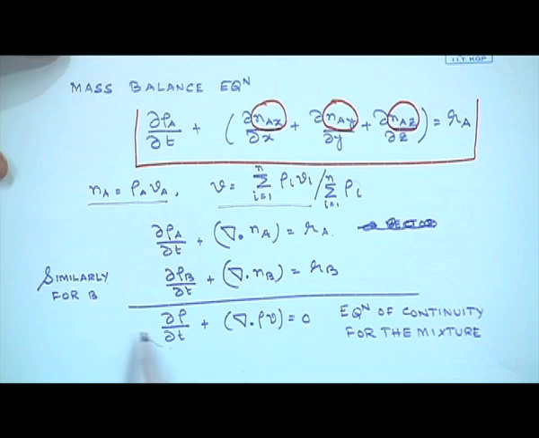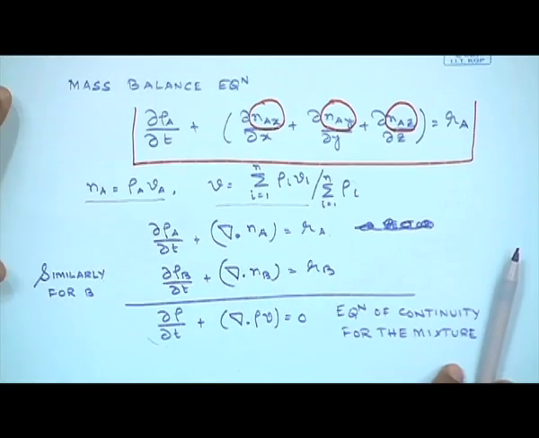So, the equation that we would get is del rho del t plus del dot rho V is equal to 0. And you can identify this equation to be that of the equation of continuity, which we have written for a pure fluid.